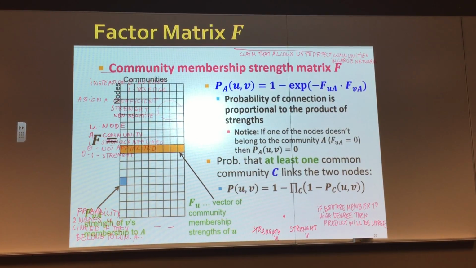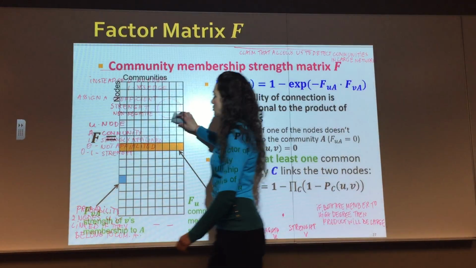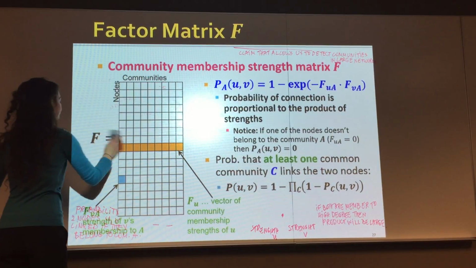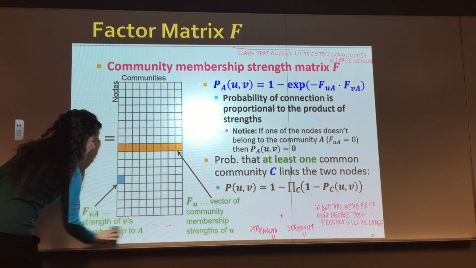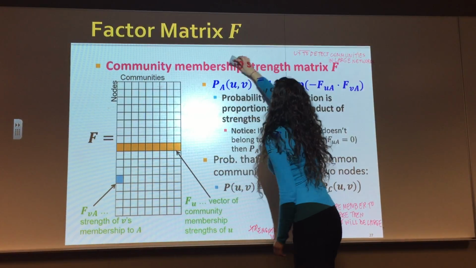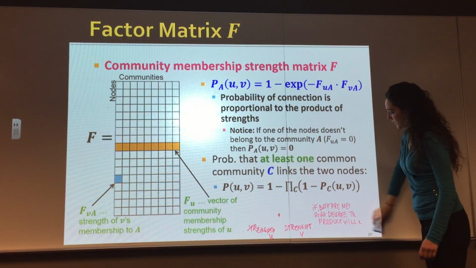And we call that, in this case, since we created this strength, we're going to have a different matrix, because the matrix before was showing us a 0 if there's no edge, and a 1 if there's an edge.